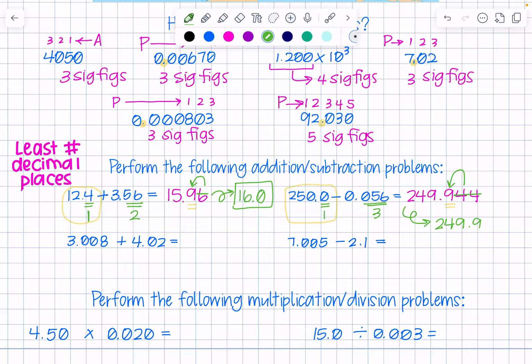If I have an extra number once I round before the decimal place, I need to turn it to a 0. And I'll get to that in the multiplication and division questions. But for now, you need to know that whenever we have extra digits after the decimal place, like we did here and here, you drop them.